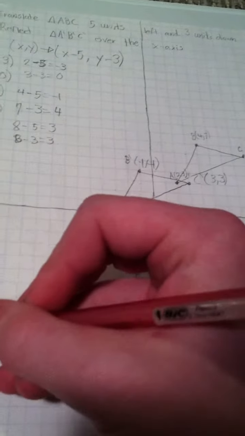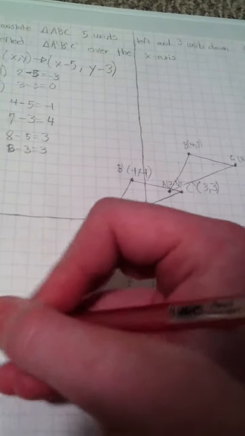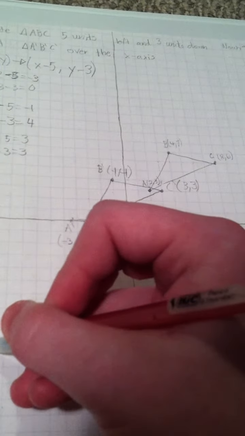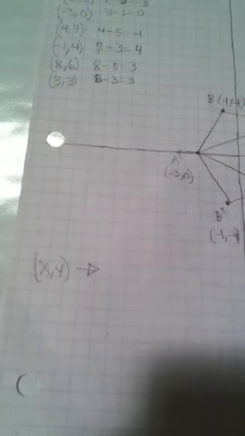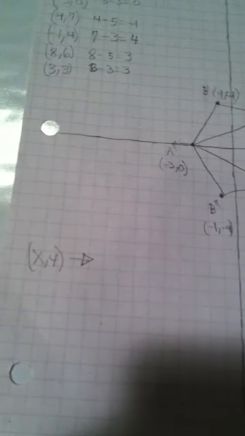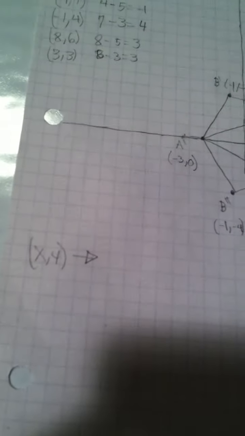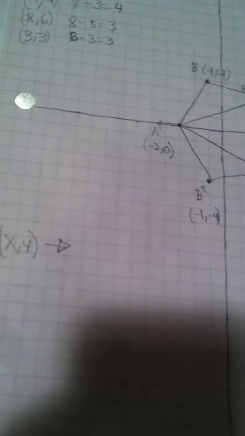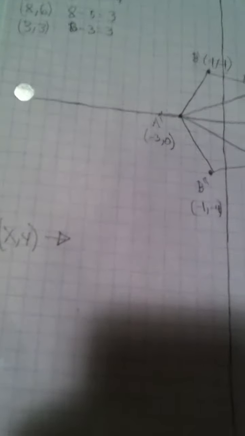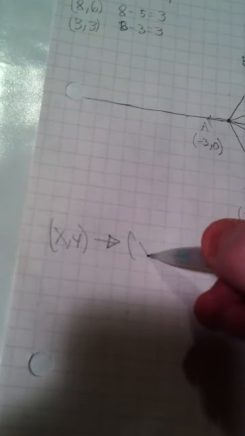So x, y becomes... I basically used the algebraic rule to reflect it, because I figured it out in my head. I see that I'm flipping across the x-axis, so I know that the x is going to stay the same.